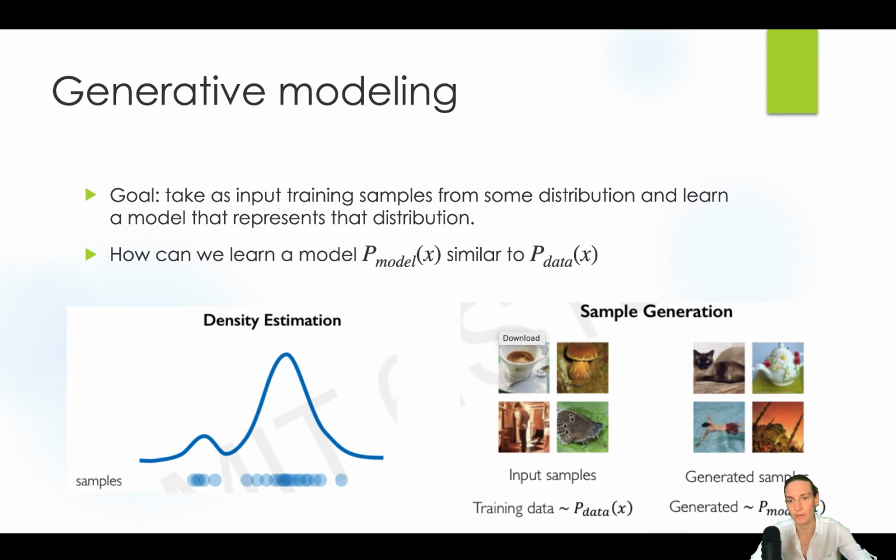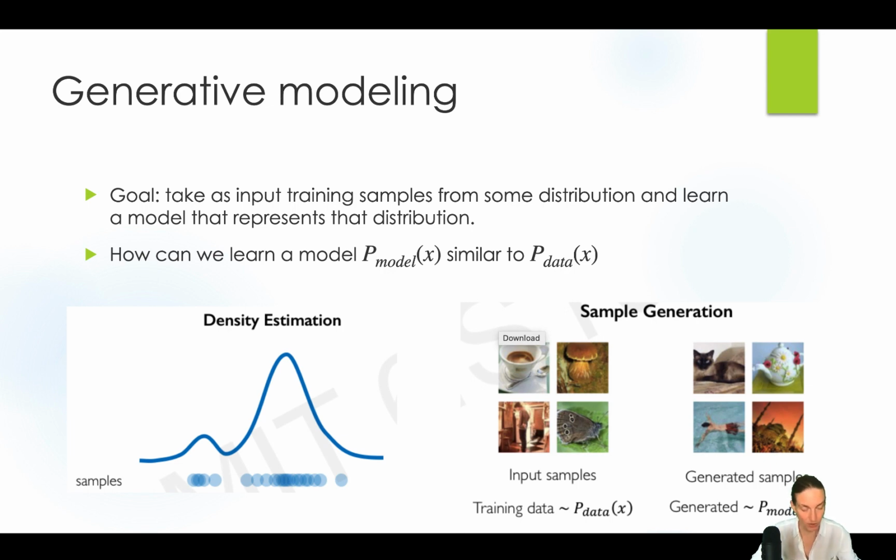So our goal here is we take our input training samples from a particular probability distribution, and we're going to learn a new model that represents that distribution. Okay, so we can do this for two main goals. One would be density estimation, whereby we have a bunch of samples and we're trying to estimate where the data comes from.